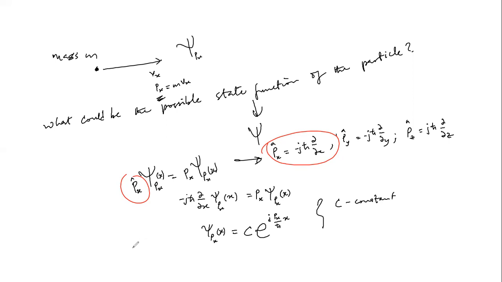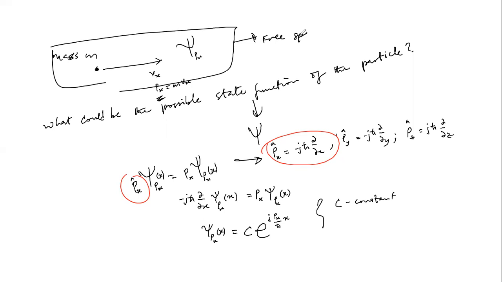Since the particle is in free space, it's already established now. It's in free space, meaning there is no boundary condition on the state function because it is expected to move freely.